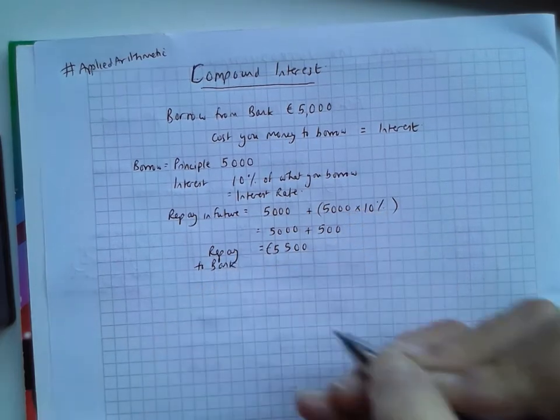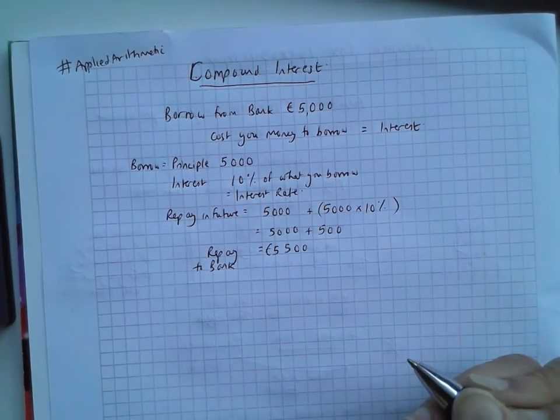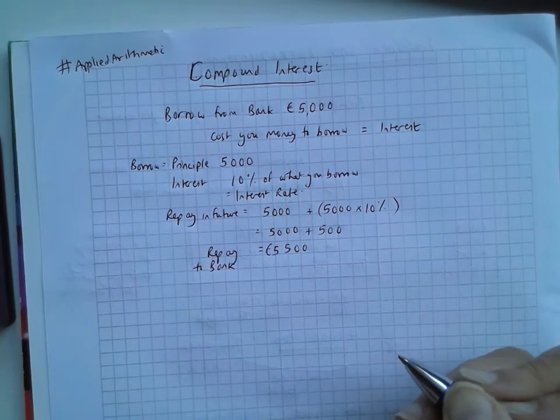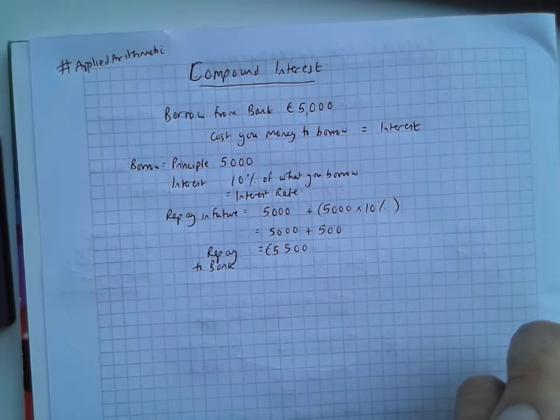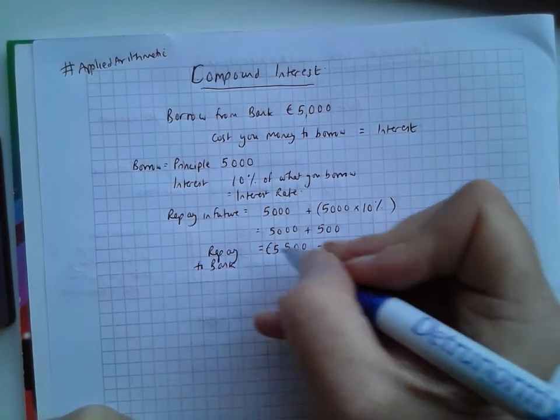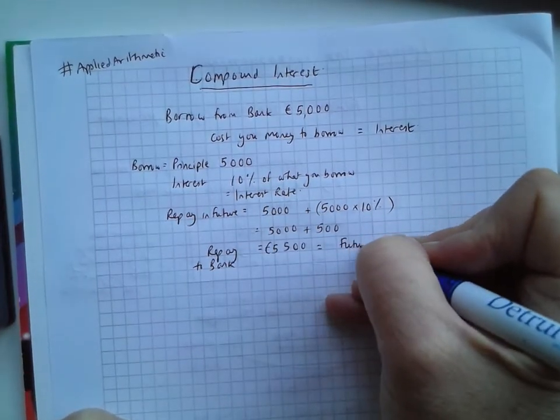Then you've got to decide, is it worth it? Would it be better to save up my money and buy it when I've saved up €5,000, or will I borrow from the bank and pay back this extra €500? This is often called the future amount, what you're going to owe in the future.